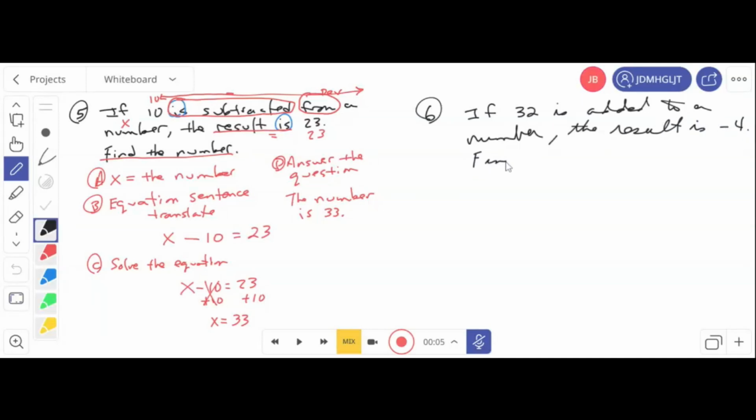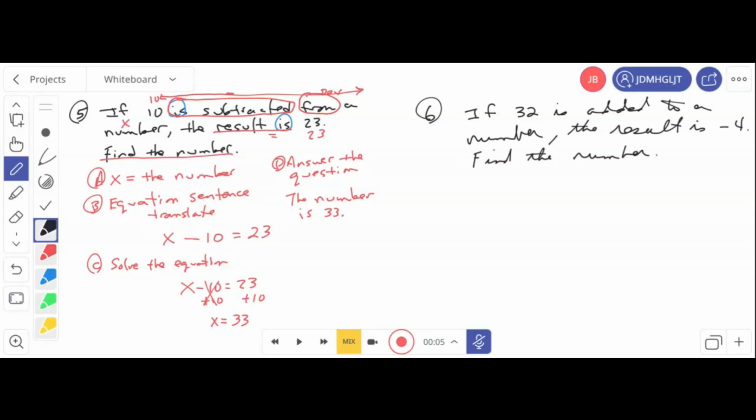Find the number. Okay. This problem is very similar to number 5. So I would like for you to do number 6 and tell me what you get for an answer.